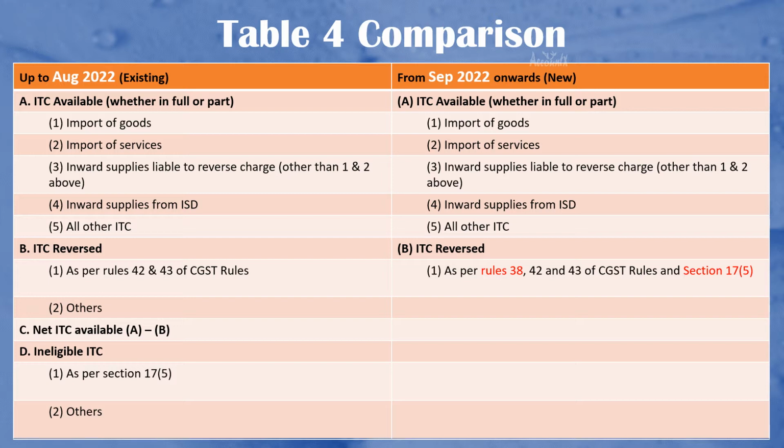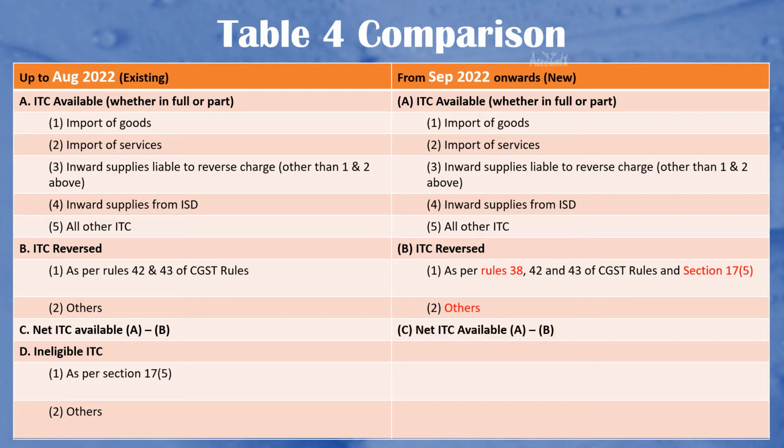The changes are marked in red. Here rule 38 has been added and section 17 subsection 5, which was earlier included in Part D, is now included in Part B. Then two others, the name of the head is same, but here what kind of transactions could be included has now been specifically mentioned.